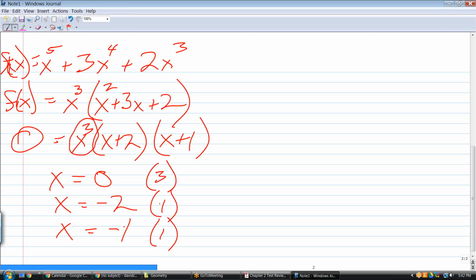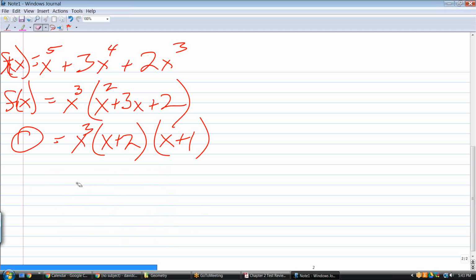So in effect, we did have 5 solutions: x equals 0, x equals 0, x equals 0, x equals negative 2, and x equals negative 1. You're always going to have the proper number of solutions based on the degree of the polynomial, but some of them could be multiple solutions.